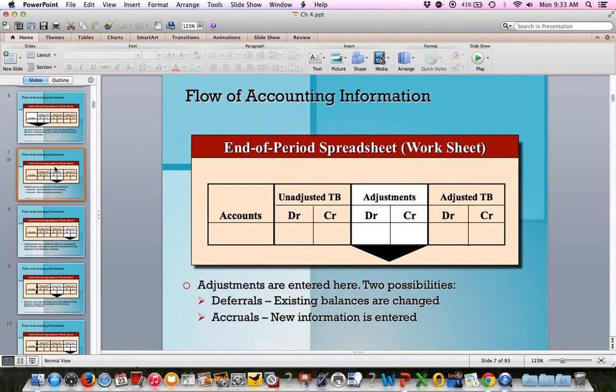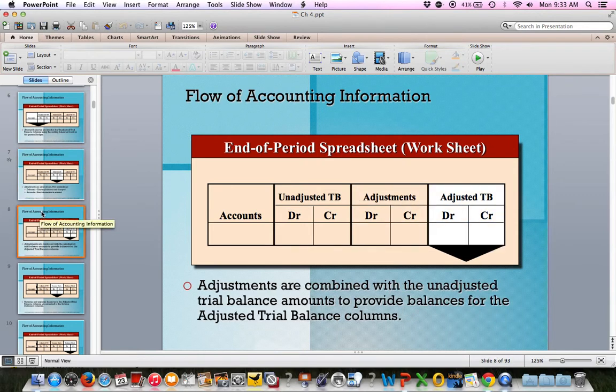And then you can see next is the final column, the adjusted trial balance. It says adjustments are combined with the unadjusted trial balance amounts to provide balances for the adjusted trial balance columns. Okay, and so you combine the first two to get to the third column. So you add your numbers from unadjusted, you combine those with the adjustments to get to the final adjusted trial balance amounts.